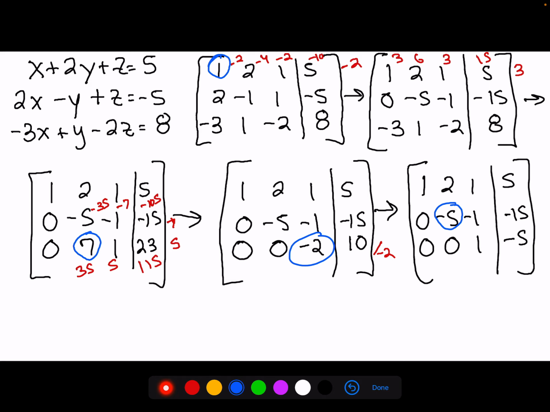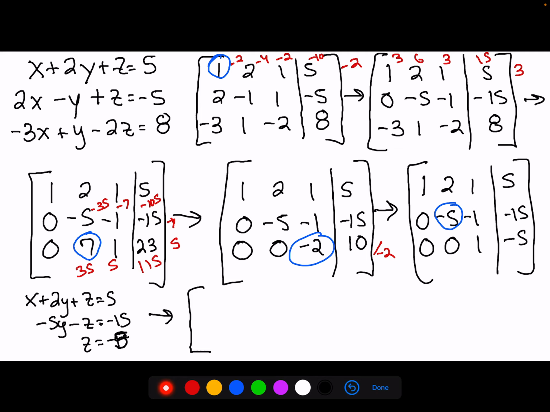I mean, if you really want to at this point, you could say x plus 2y plus z equals 5, -5y minus z equals -15, z equals -5. But that's not the spirit of the lesson. The spirit of the lesson is to go ahead and get a 1 there.